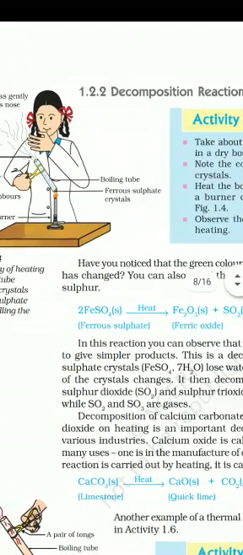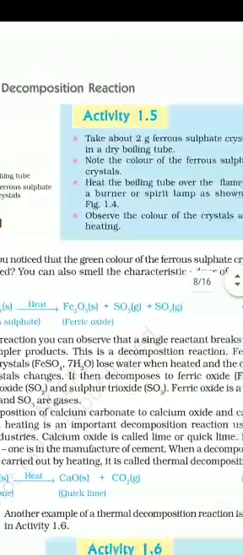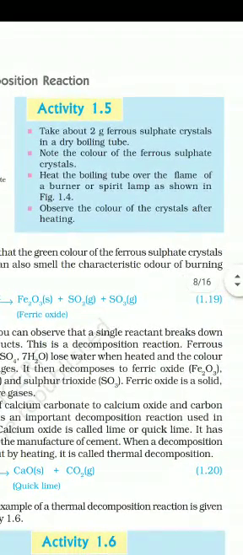Now we are going to see how they are performing the activity. Take about 2 gram ferrous sulphate crystals in a dry boiling tube. Note down the color of ferrous sulphate. Another name of ferrous sulphate is green vitriol. Color is green. Heat the boiling tube over the flame of a burner or spirit lamp.